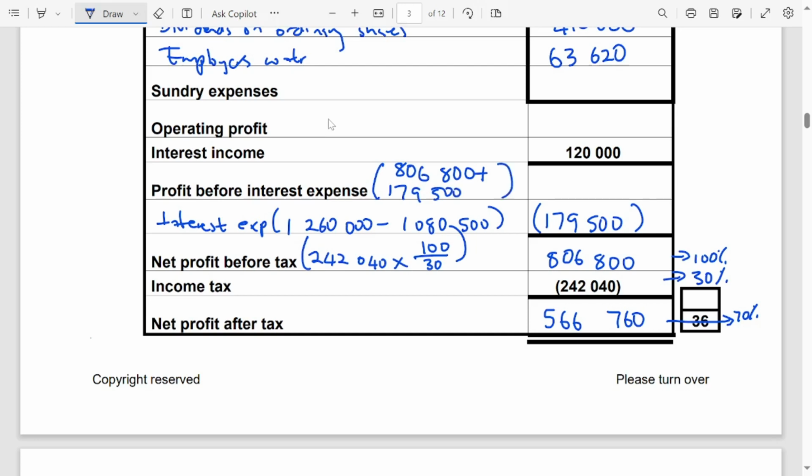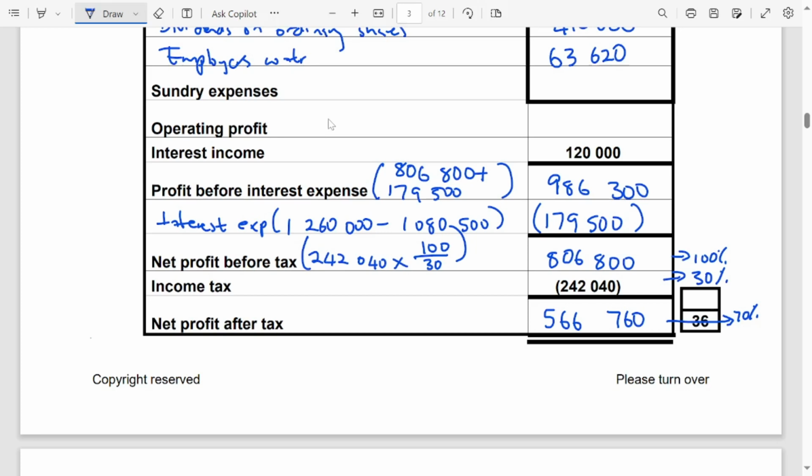Then 806,800 plus 179,500. That is going to be 986,300. Now, to find the operating profit, we know that to get the profit before interest expense, we must say operating profit plus interest income, then we get this one.